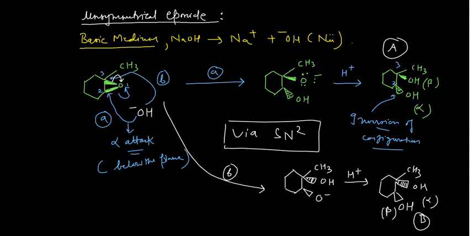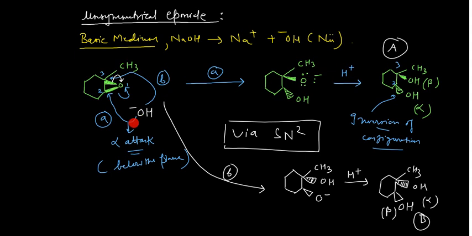So remember, whenever this attack occurs, whatever nucleophile you are taking, like in that case the hydroxide as a nucleophile in the basic medium, it will always attack from the less hindered position to avoid steric effects, steric crowding or steric repulsion.